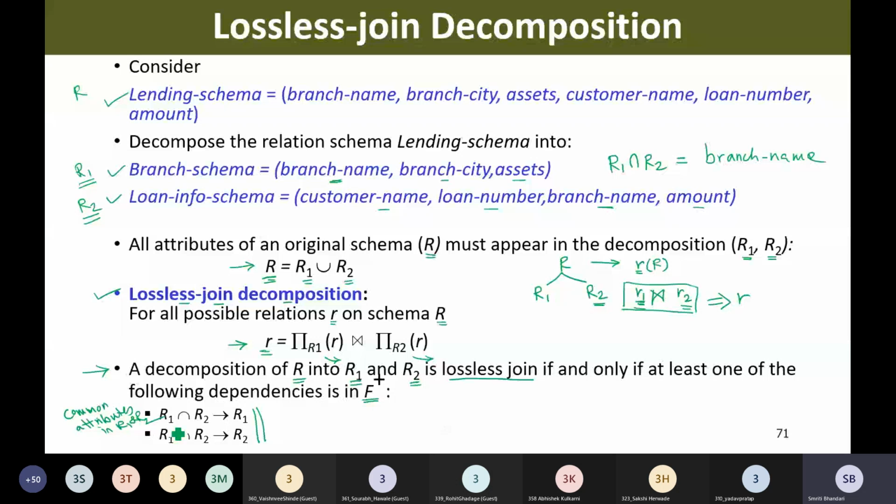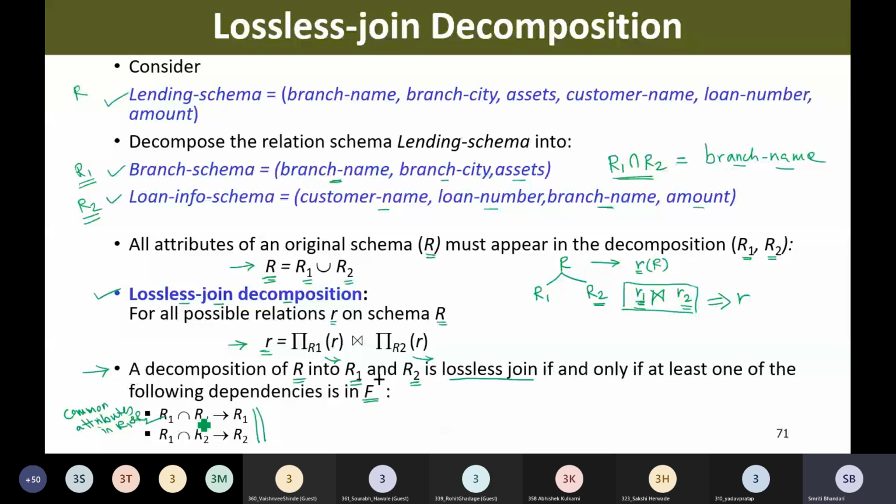What does this mean? R1 intersection R2 is actually giving us the common attribute. In our example, it is branch name. Right? So whichever are the common attributes in the decomposed relations, these common attributes should either be the super key of R1 or the super key of R2.